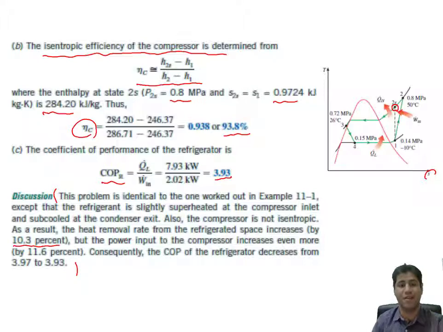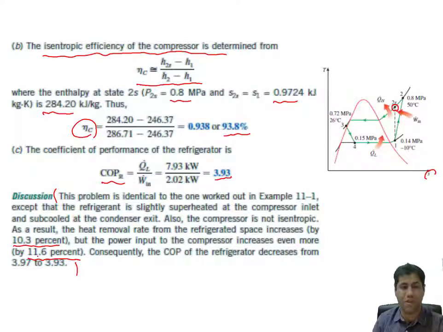10.3%. But at the same time, the power input to the compressor, due to the irreversibility which we have in the compressor, is increased, and this increase in the required input for the compressor is higher than the increase in Q dot L, which is 11.6%.